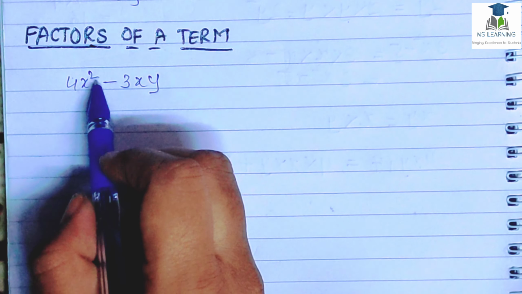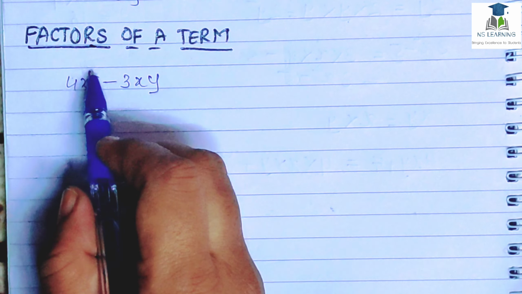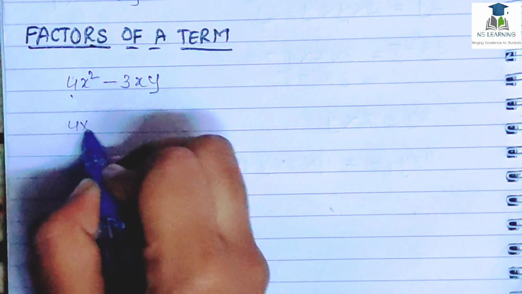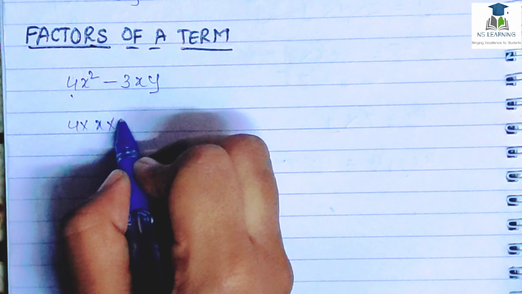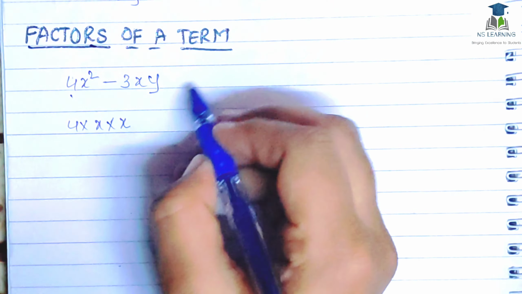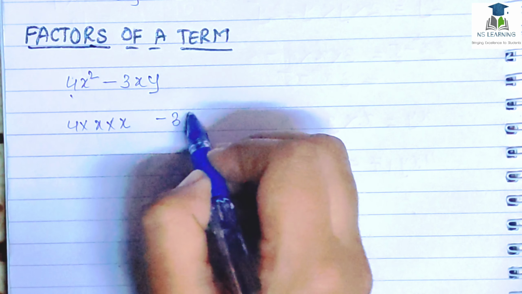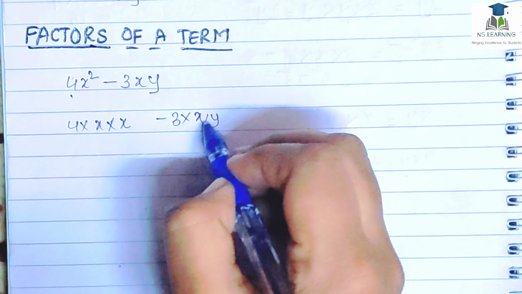The first one, 4x square, is the product of 4 into x into x, and the other one is minus 3 into x into y.